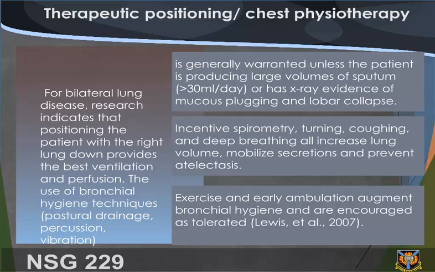Incentive spirometry, turning, coughing, and deep breathing all increase lung volume, mobilize secretions, and prevent atelectasis. Exercise and early ambulation augment bronchial hygiene and are encouraged as tolerated. Lewis et al., 2007.